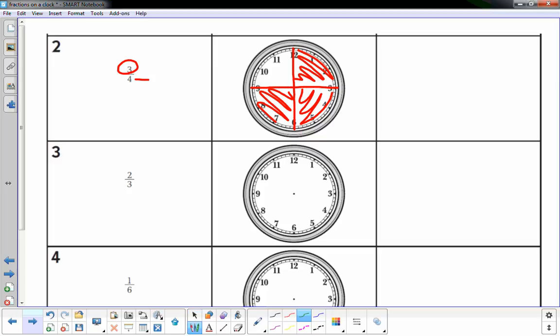And I recall that each of these is 15 minutes. So it's 3 15 minutes, which I believe we've done this before. That's 15, that's 30, 45 minutes.